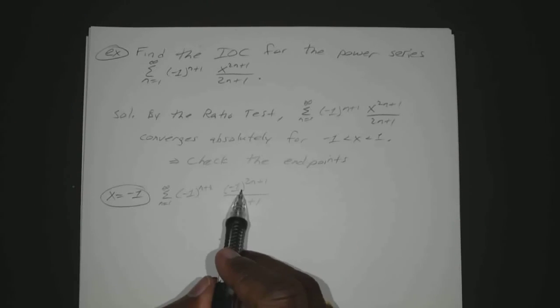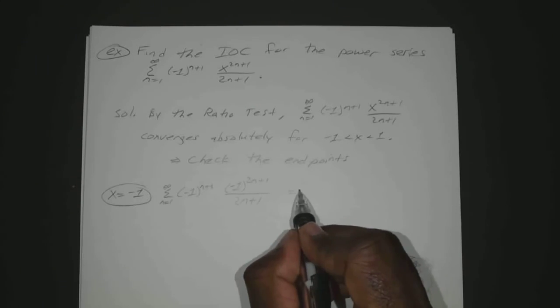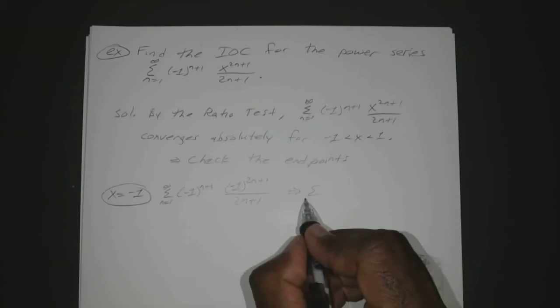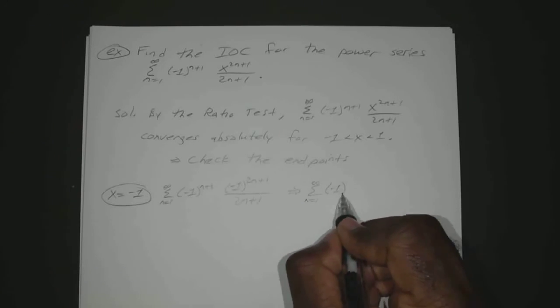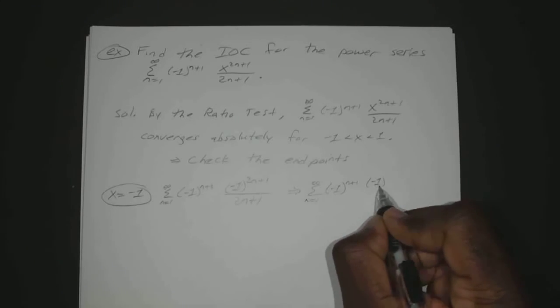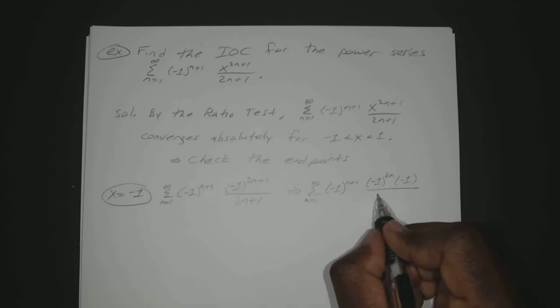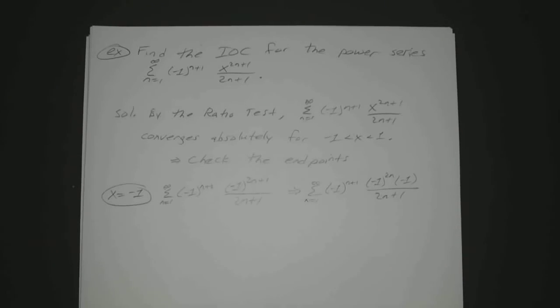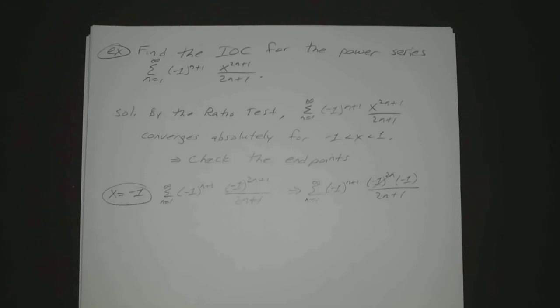So this is just (-1)^(2n) times (-1)^(n+1). We're going to separate this as (-1)^(2n) times -1 over 2n+1. Once again, this is just going to be negative 1 to an even power, so that's always just going to end up being 1.